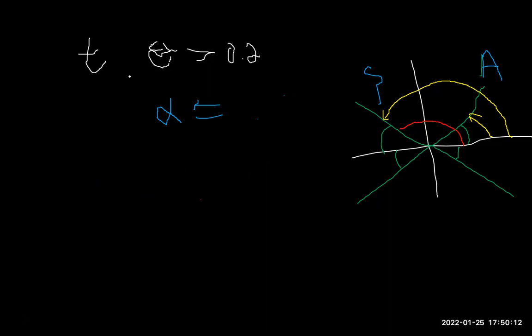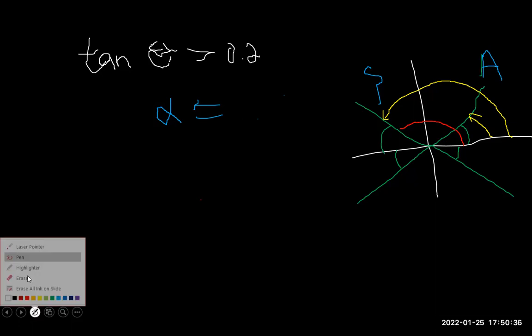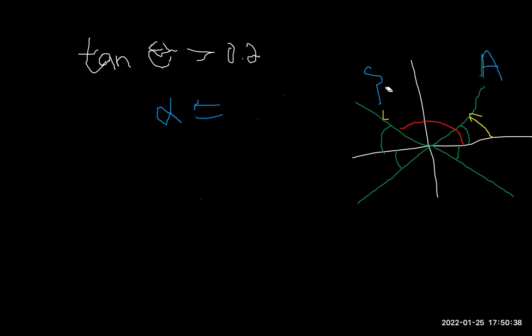Can anybody tell me the value for our acute angle? So all these green angles there. Oh, 11.5? No, this is a different equation. It's no longer sine theta, it's tan theta.